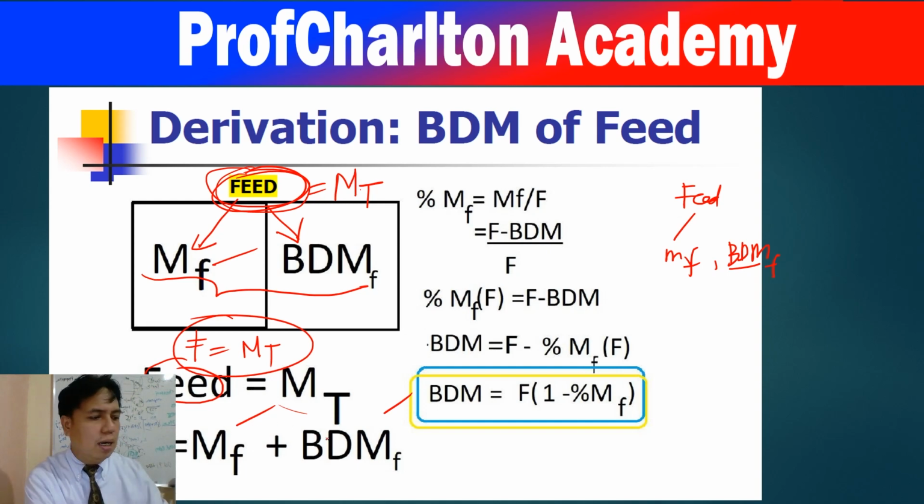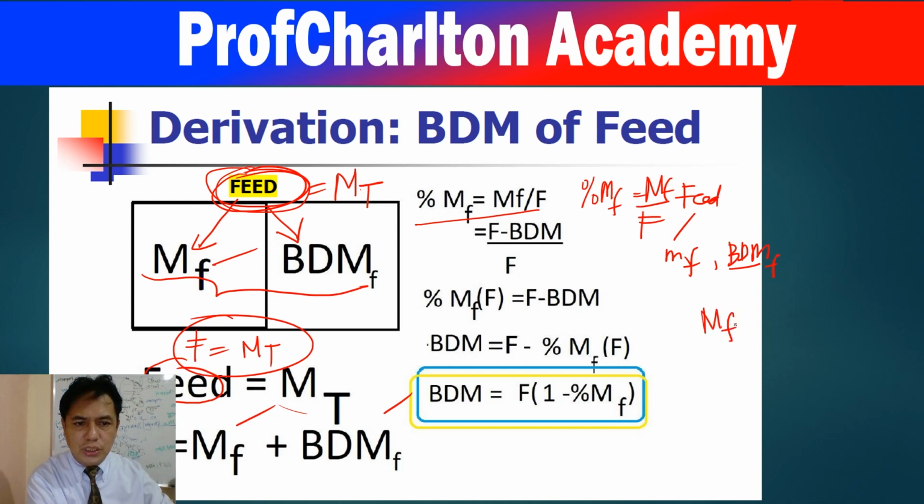If we continue on the development of the equation, how do we get the percent MF? There's another equation given here, and it says percent MF. Percent of the mass flow is equal to MF over F. So MF over F, that is the percent.